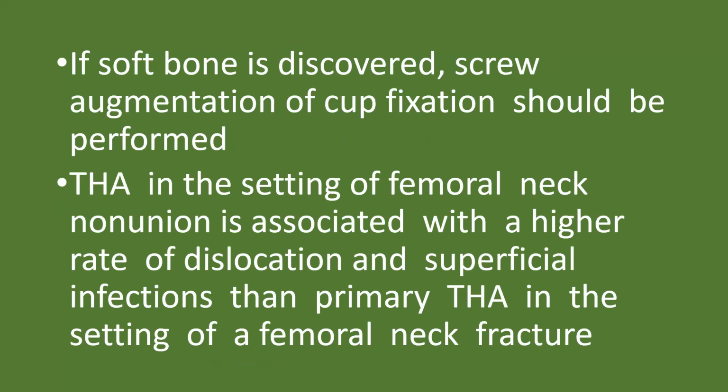Total hip arthroplasty in the setting of femoral neck non-union is associated with a higher rate of dislocation and superficial infections than primary total hip in the setting of a femoral neck fracture. One of the questions I like asking: which patient would end up having a dislocation more?